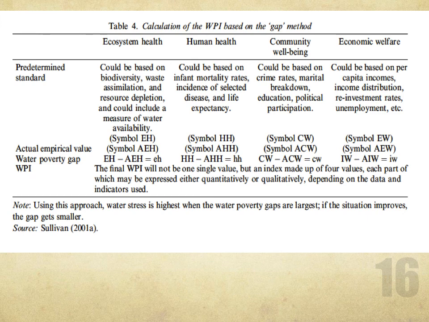I hope this recording would be useful for you, and you could have some idea about the approach towards calculating the water poverty index, the fundamental presumptions, the entire debate around assigning weights, and the subjectivity involved in assigning the weights, which can also distort the actual outcome of the assessment.